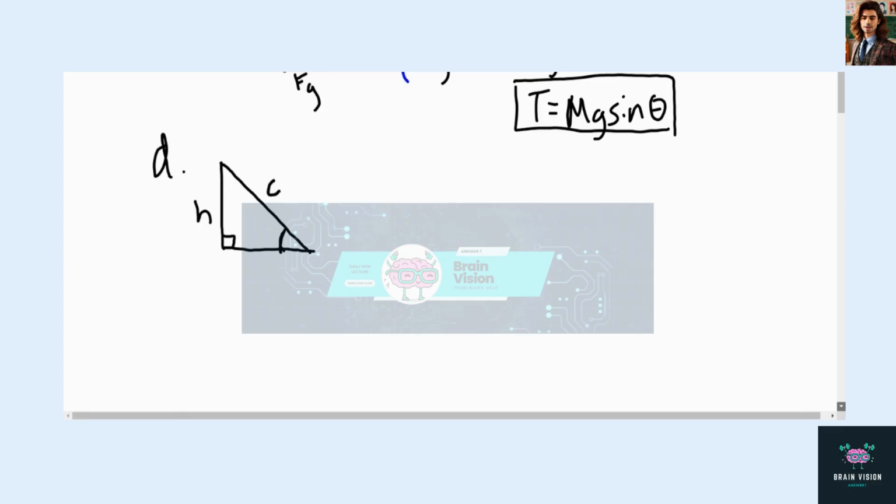So we can say that c times sine of theta is equal to h, because h is opposite of theta. So we have the hypotenuse, and then we take the vertical component, or the component opposite the angle, sine theta, to get h. But what we can do is rearrange this to say that c is equal to h over sine of theta.